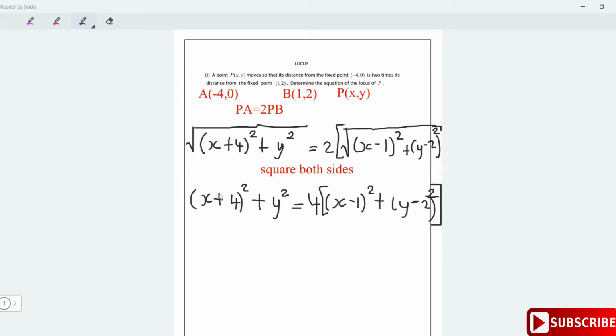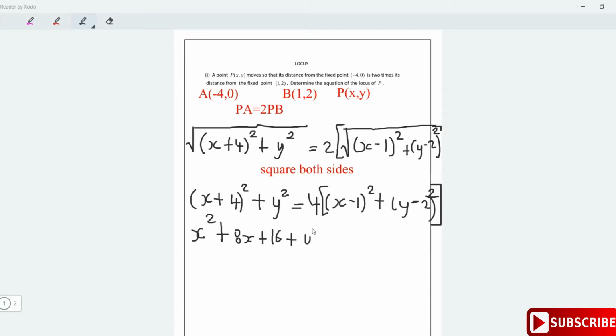Now to simplify this, I'm just going to expand out these numbers to get x squared plus 8x, then 4 squared, we know that is 16, plus 16 plus y squared.